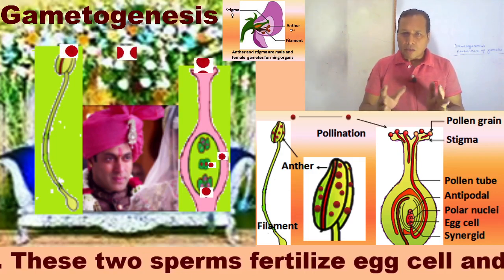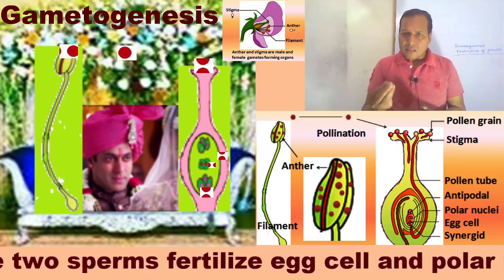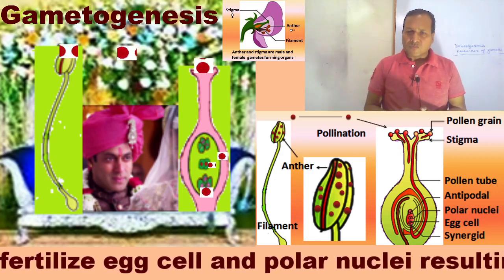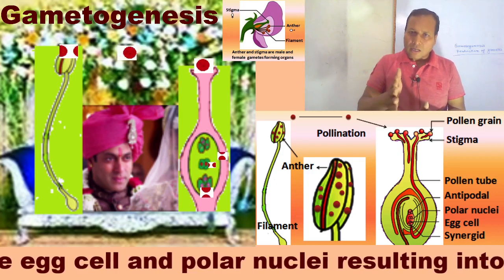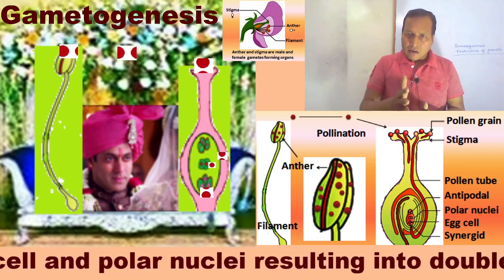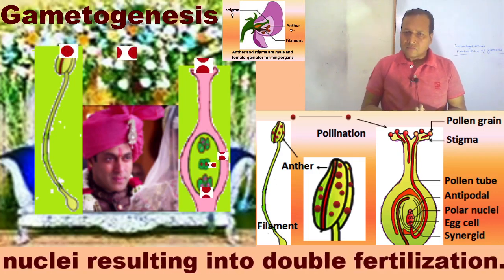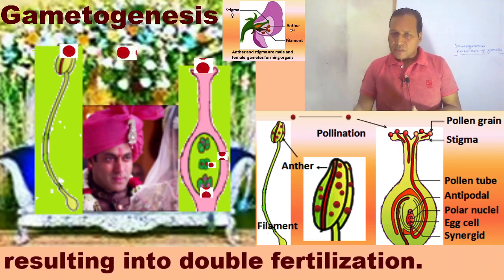Now, what are the organs which are responsible to produce gametes? Gamete forming organs in flowering plants are known as stamen and pistil.